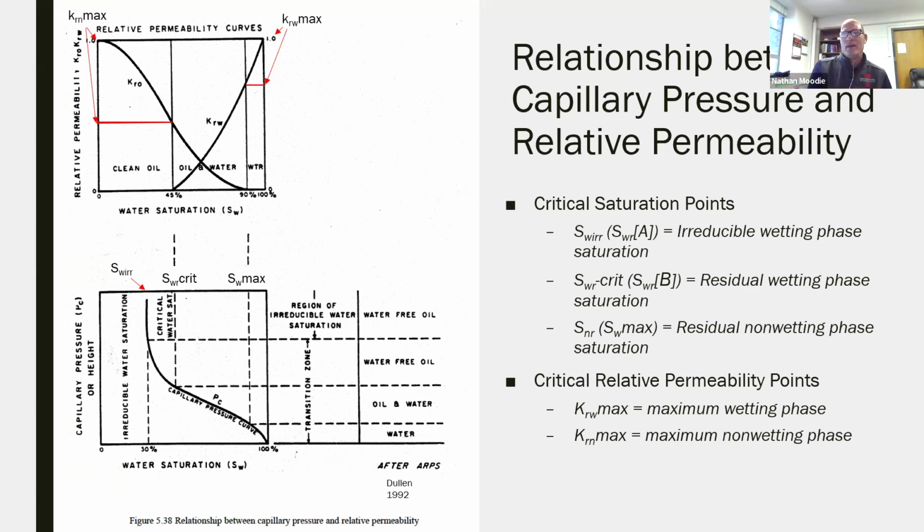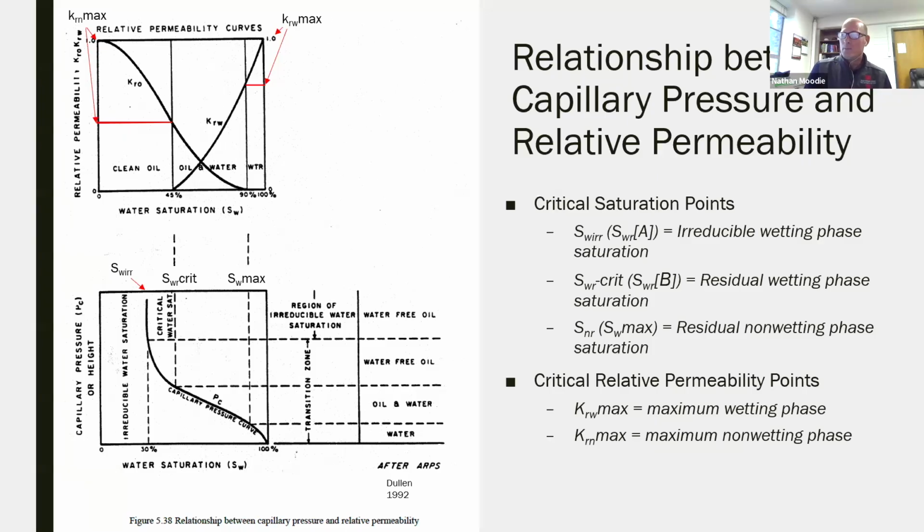And believe me, I wish that under lots of circumstances we had more core out of the ground and more data, so that we could really refine these endpoints to understand the drainage versus imbibition and where these points really are.